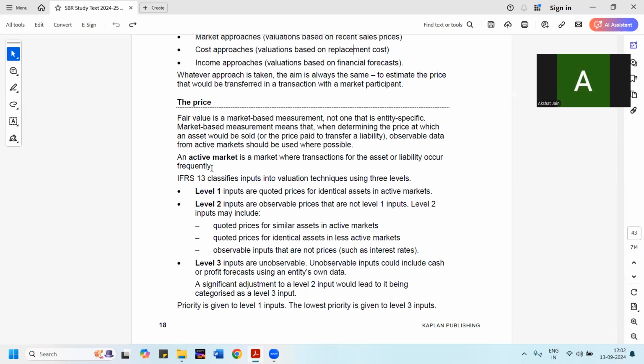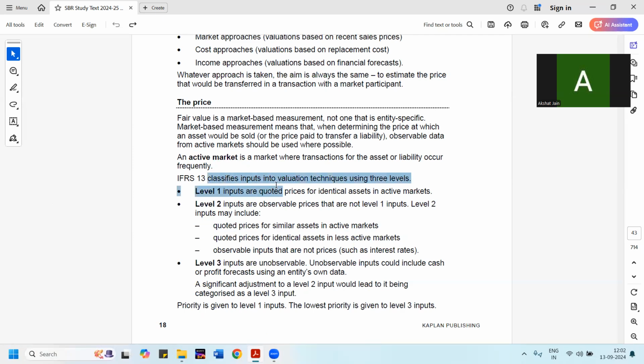The price at which the seller is ready to sell is the price at which a buyer would want to buy a particular good. An active market is basically any market where there is a demand and supply for an asset or liability.